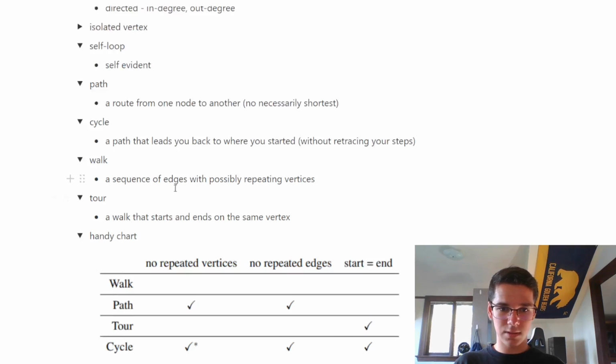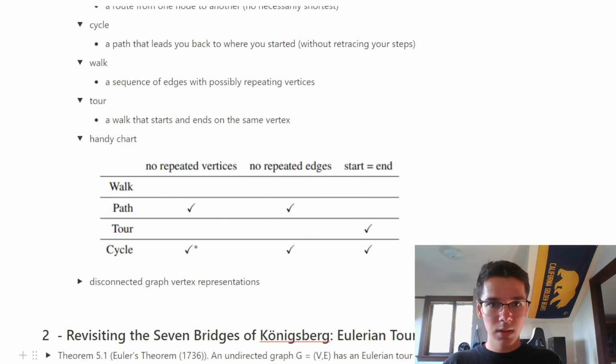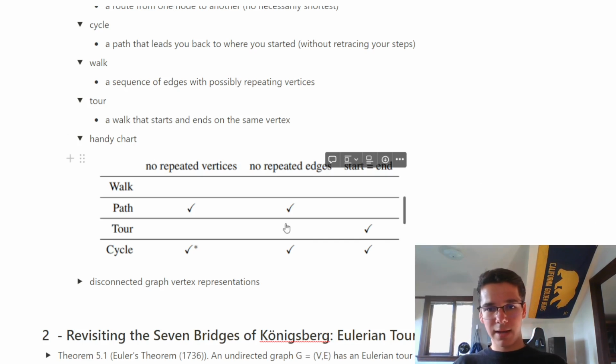So let's look at this chart to get a better sense of it. To keep these words straight in my head, one second. Right, so a walk, I guess I said that wrong.